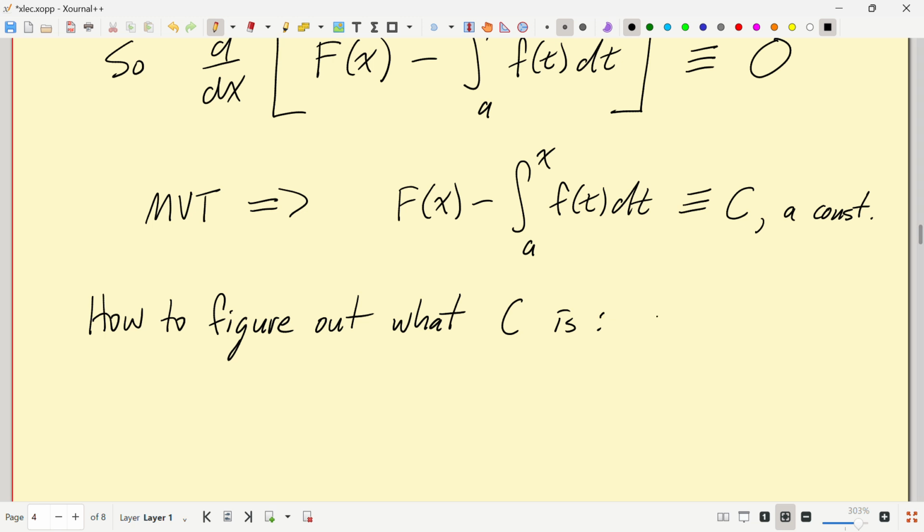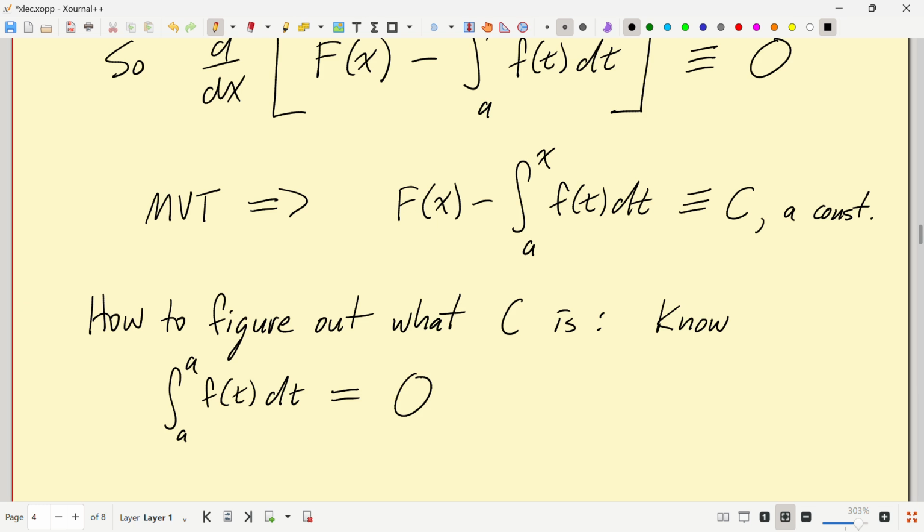Let's see. We know that the integral from a to a of f of t dt, there's no area there under that curve. That's just 0. Okay.